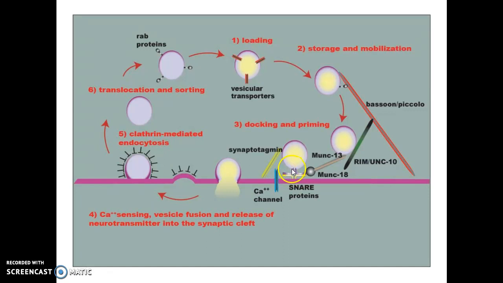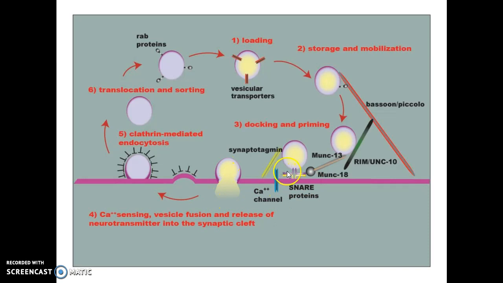But these V snares and T snares are going to wind up like corkscrews, pulling the vesicle membrane closer to the cell membrane until it fuses. And then anything on the inside of that vesicle will now be on the outside of the cell.